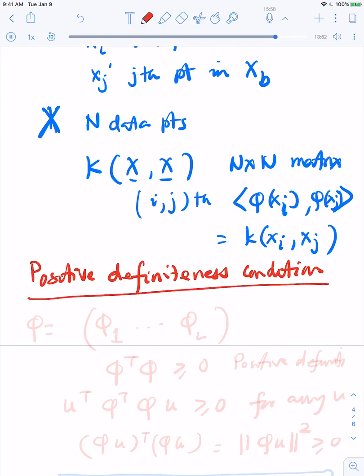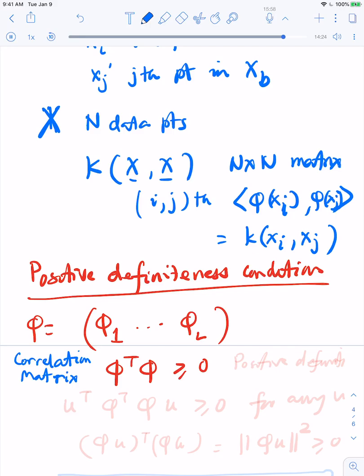The positive definiteness condition comes from the fact that if you give me any number of feature vectors, phi_1 to phi_l, then the matrix phi transpose phi is non-negative definite.